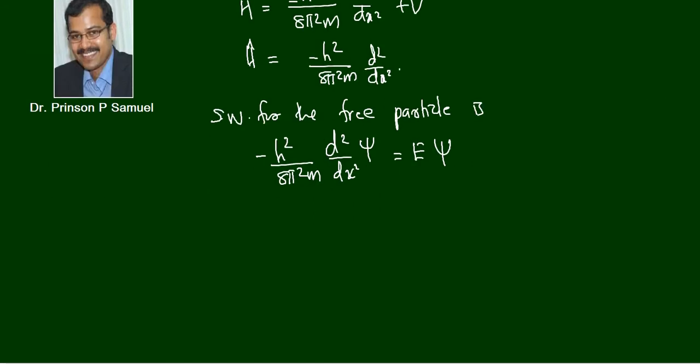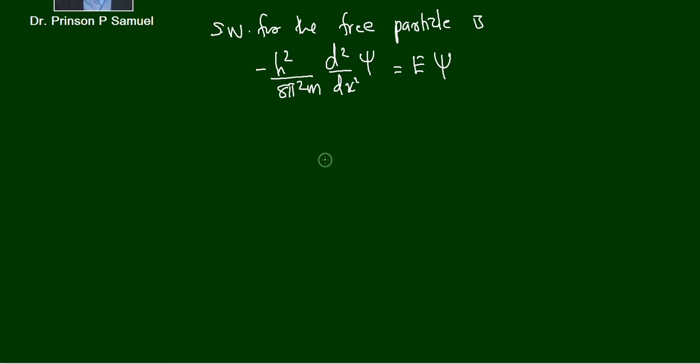Now let me rearrange this equation: d square psi by dx square is equal to minus 8 pi square m E divided by h square into psi. I just cross multiplied the 8 pi square into the numerator, and h square has come to the denominator on the right hand side.